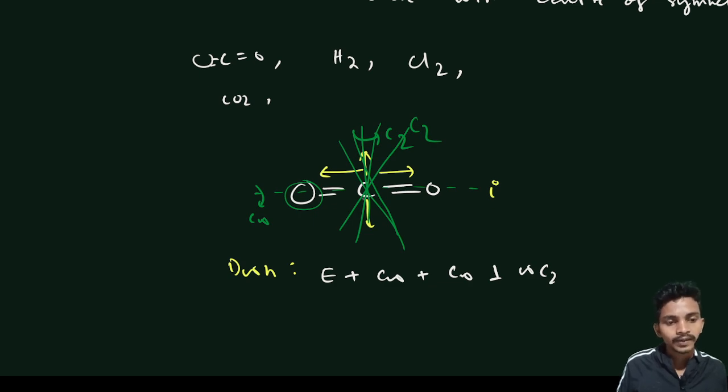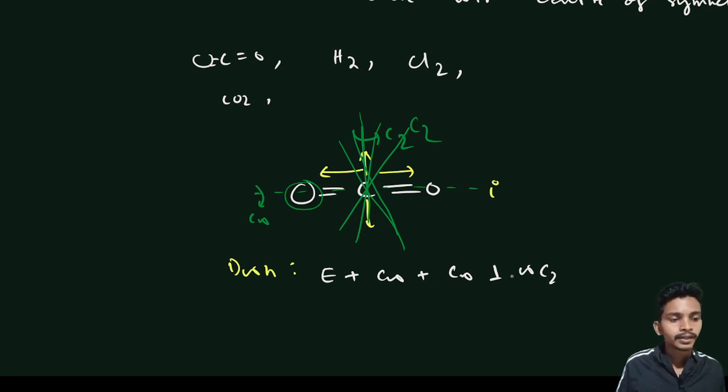Either you pass C2 in a straight manner, or tilted a little, you will still get an equivalent structure. So n number of C2 axes you will get.